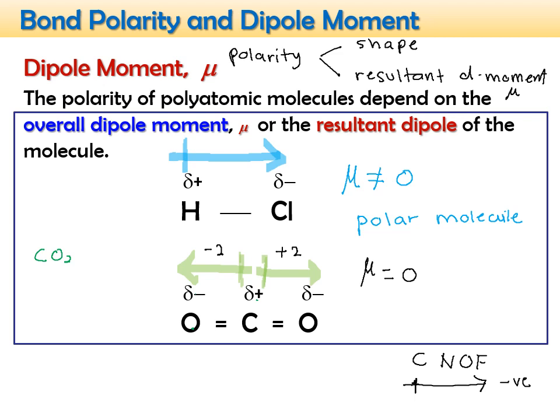So you will get mu equal to 0. This dipole moment cancels off with the other. Therefore, you can deduce that this is a non-polar molecule.